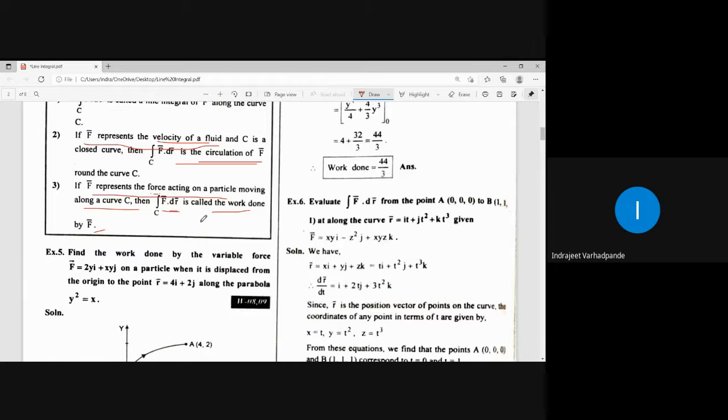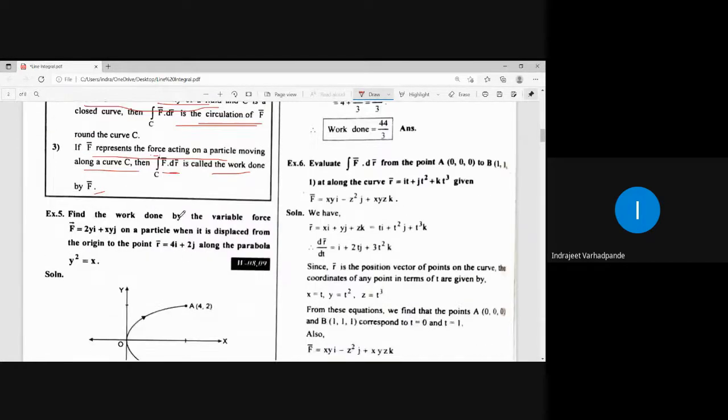One single path, whenever it is traversed from point A to point B, the value evaluated is nothing but the integration. So usually it is the dot product of the vector function f bar with dr bar. What is dr bar? Differential of the position vector.